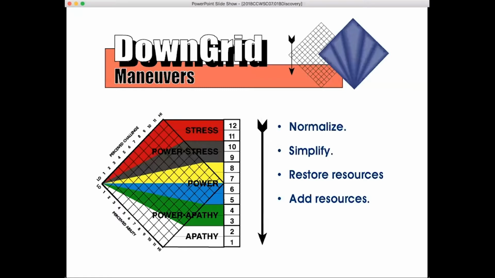So normalize. Now, simplifying could be more like, okay, fine, you've encountered silence. So now what can you do next? What you could do next might be more about adding resources, but maybe it's a moment of simplification. Do we send a quick little email question? Do we look at a calendar and say, we'll give them until this day to respond, otherwise I'm going to reach out?